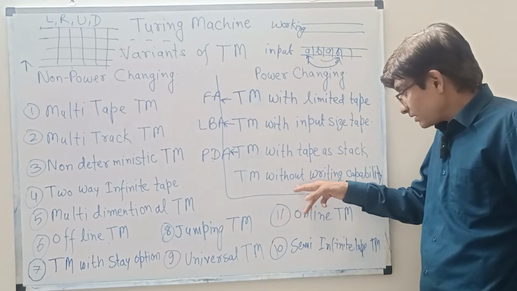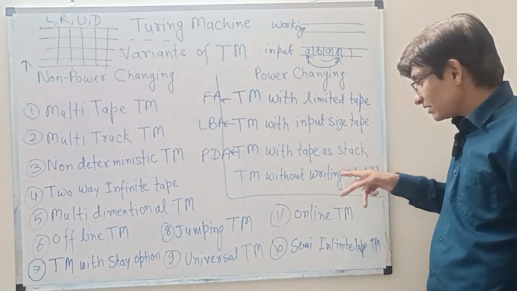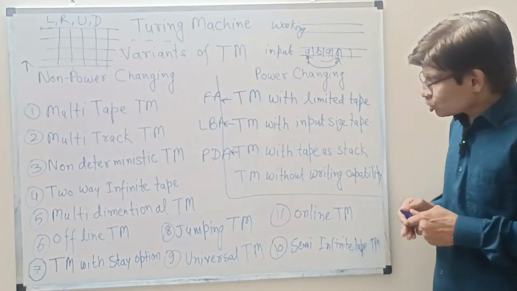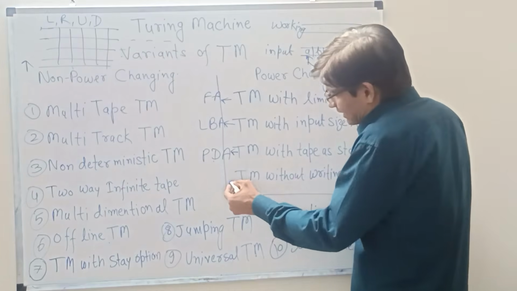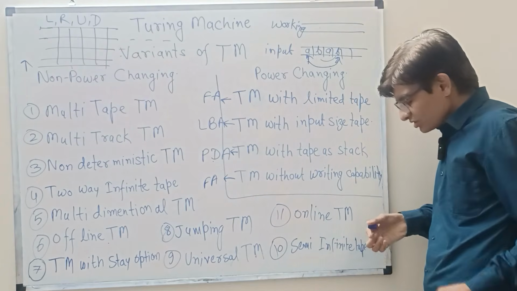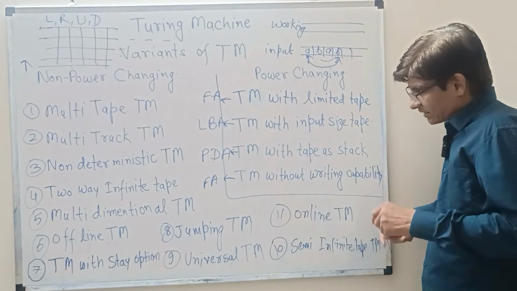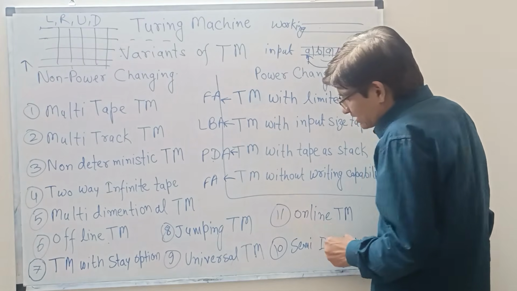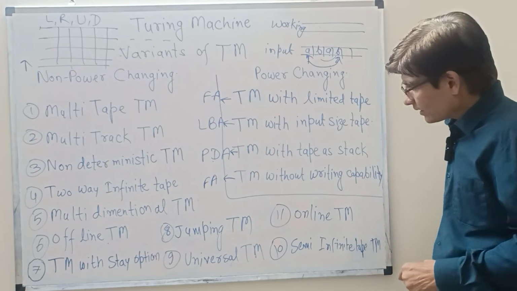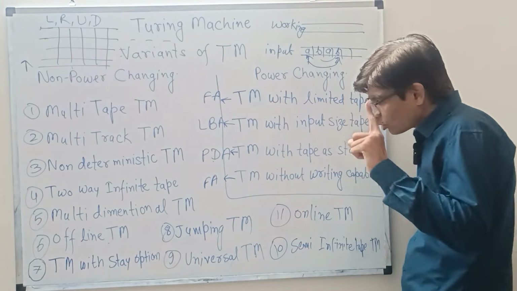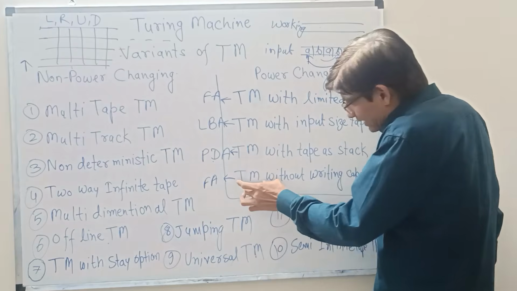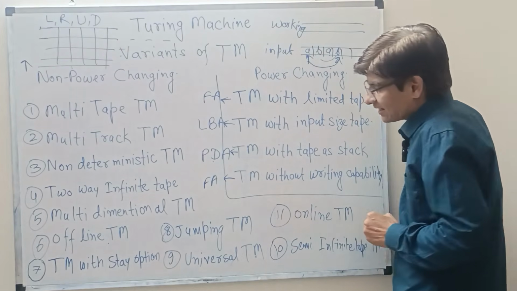Now here, if we cannot write something on tape, then it would be a read only tape. So in this case also, it will work as finite automata only. Turing machine accepts all languages generated from type 0 grammar, while finite automata will accept all languages generated from type 3 grammar or regular grammar. So again, the power of Turing machine is decreased.